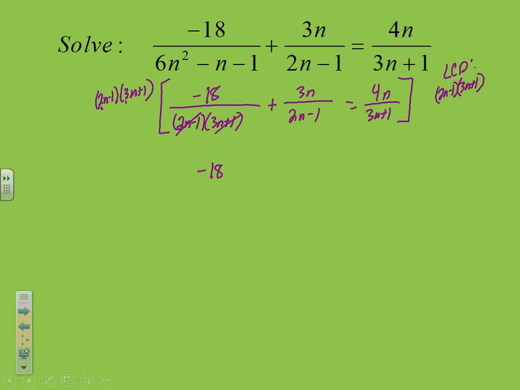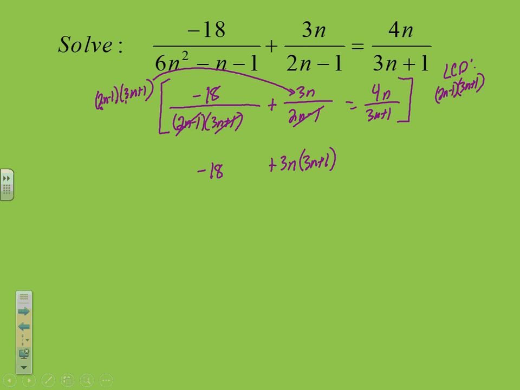Now here, in the middle expression, the 2n minus 1 here and the 2n minus 1 of the LCD would simplify, but that would mean that the 3n plus 1 is still going to multiply here, okay? And for the time being, I'm going to keep it in factored form, just to keep it a little cleaner.